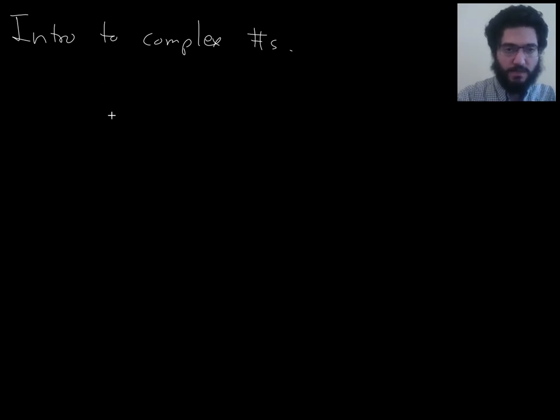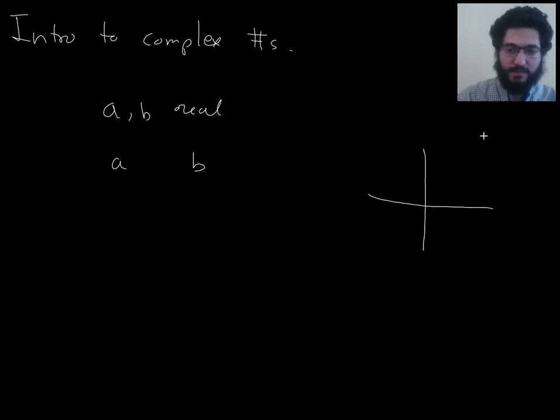Okay, so what is a complex number? You can think of it as a pair of real numbers. So if a and b are real numbers, then a complex number is just the two real numbers paired up together. And we literally think about it as a point in R2, in the plane.